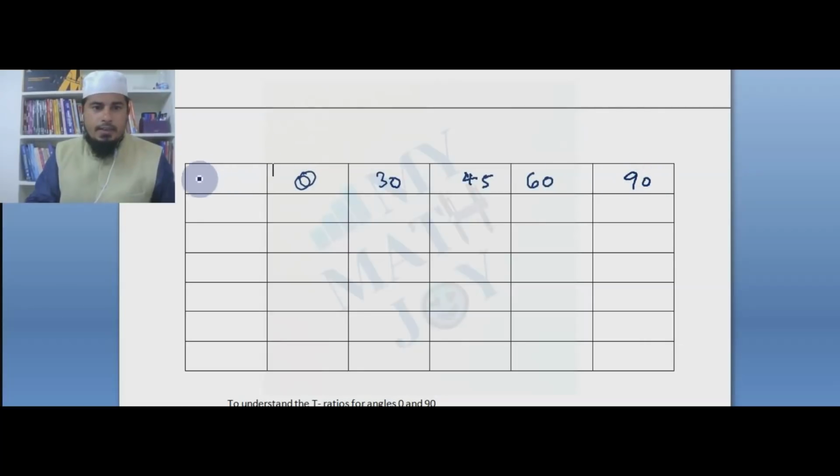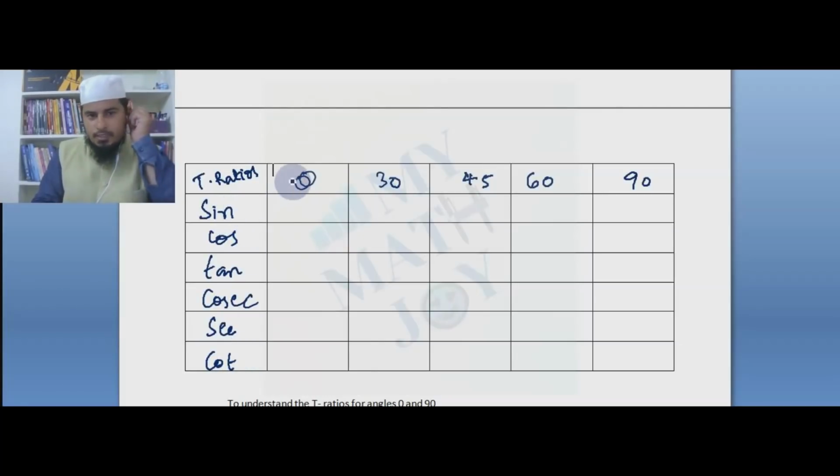Let us write here T ratios, means it is sine, cos, tan, cosecant, secant and cot. Everywhere, if I am talking about sine 0, so sine 0 here. So sine 0 value and sine 30 value, sine 45 value, sine 60 value, sine 90 value, whatever the standard values which we have seen just above.